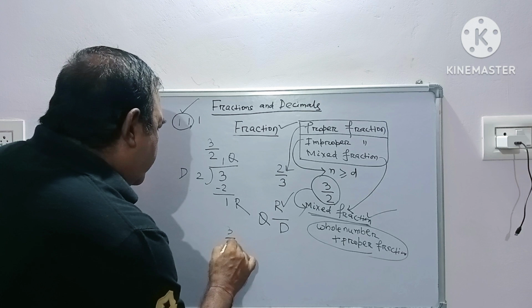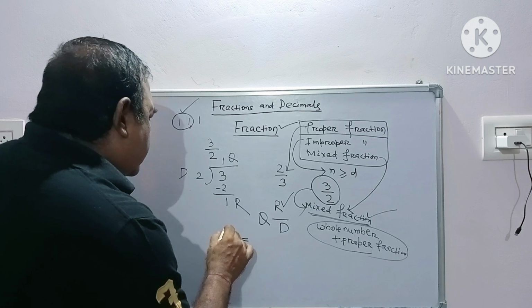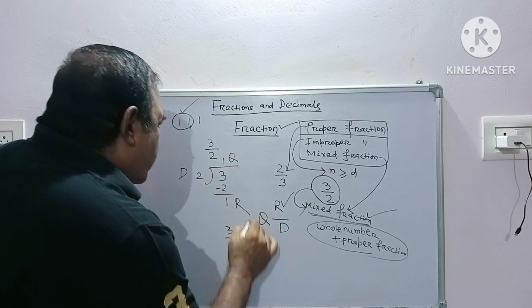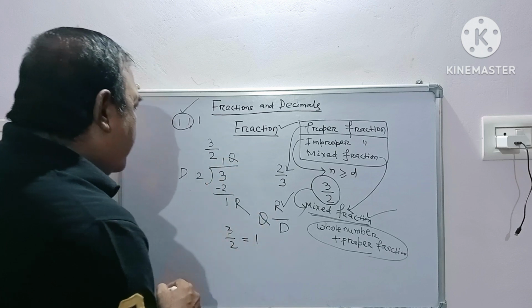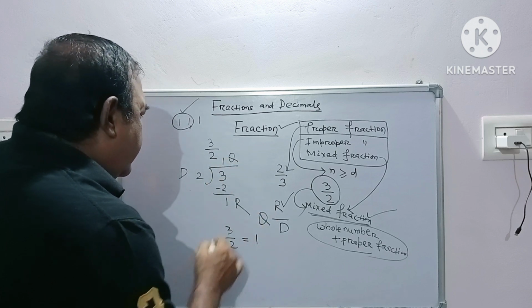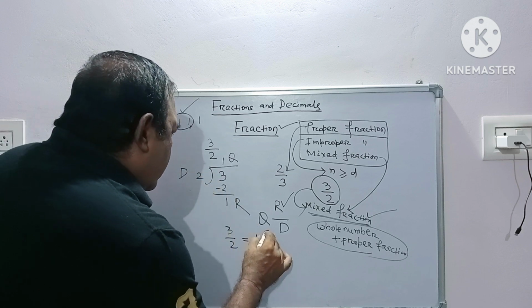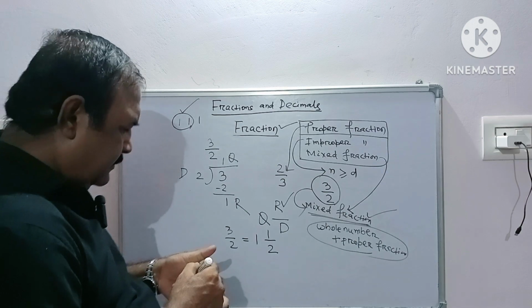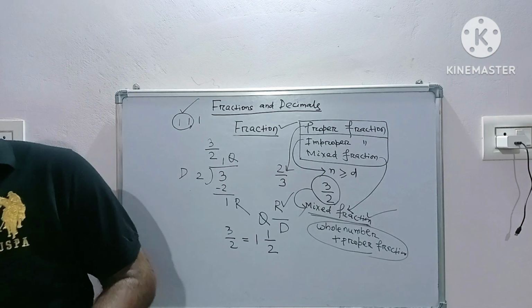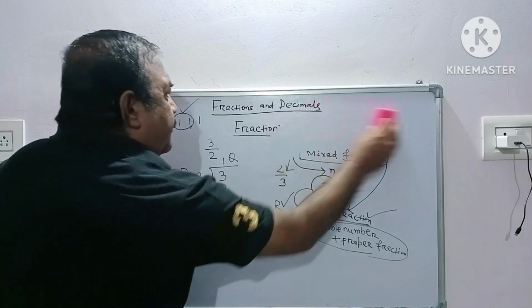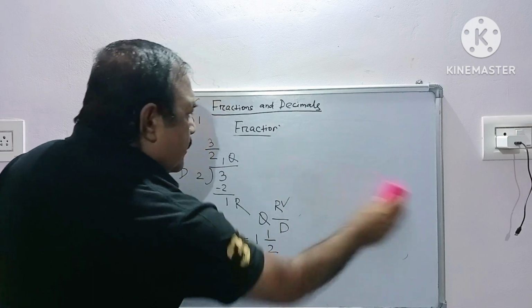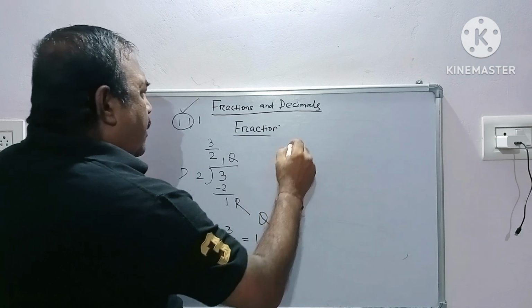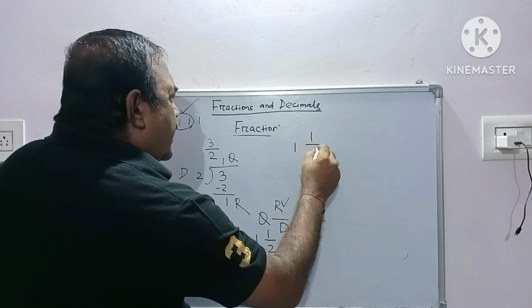So when we divided 3 by 2, 1 is the quotient. So 1 whole number and remainder by the divisor. Always remember this. 1 whole number and 1 upon 2.